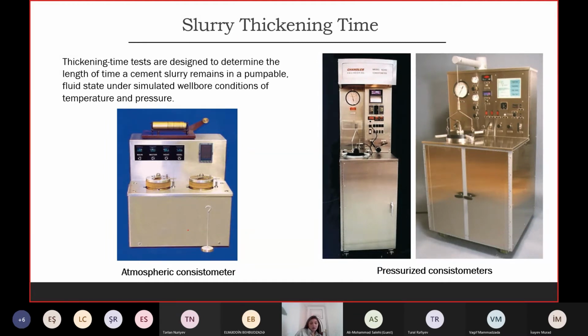I guess at one of the previous sessions, I got a question: okay, we don't have any simulator or software, and we are pumping cement slurry with hand calculations, etc. Okay, a long time ago, people were doing this, and temperature and pressure were estimated somehow from formulas, estimated formulas that they got from experience.